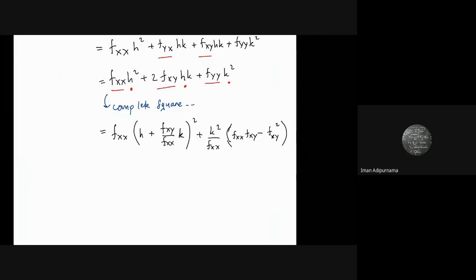Okay. And we are given that the partial x x at some point should be greater than 0, and d should be greater than 0.